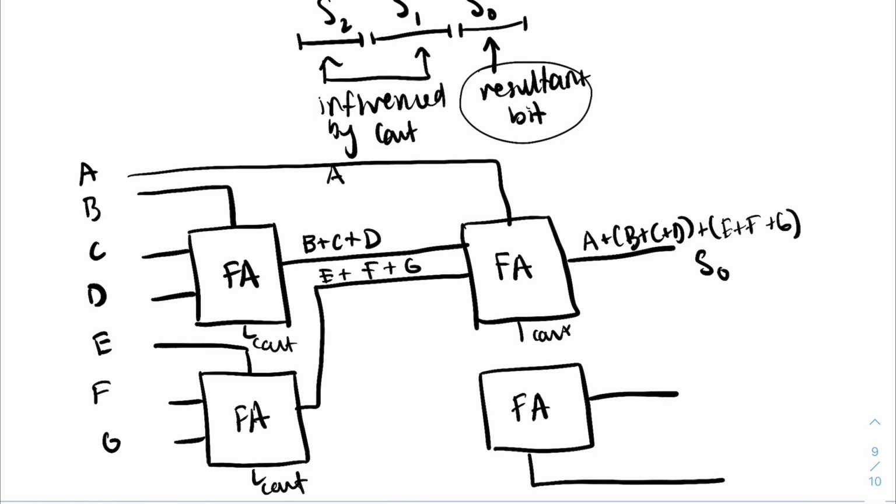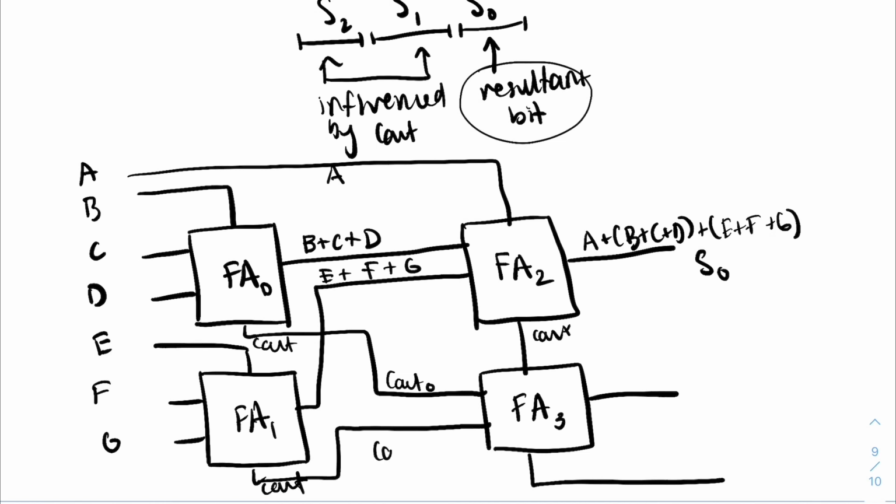So I'm just going to feed them in like so. So let's just say this is C out 0, C out 1, C out 2.